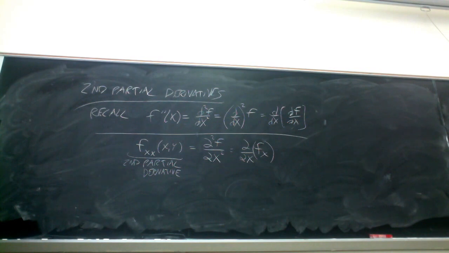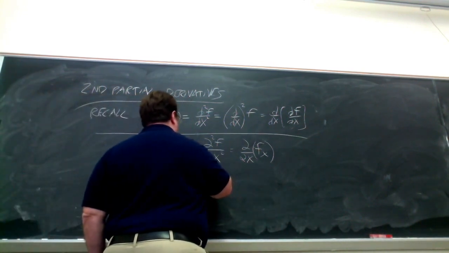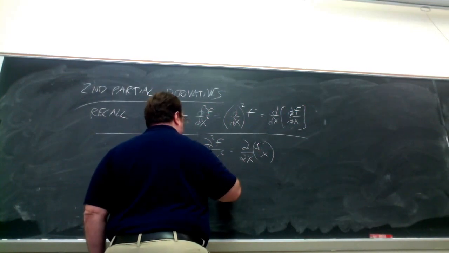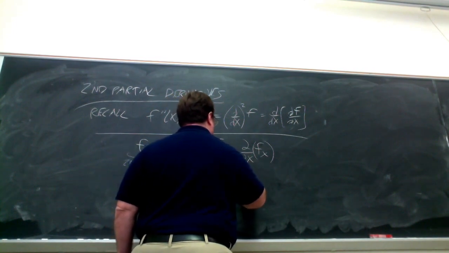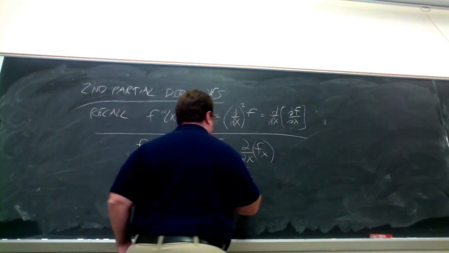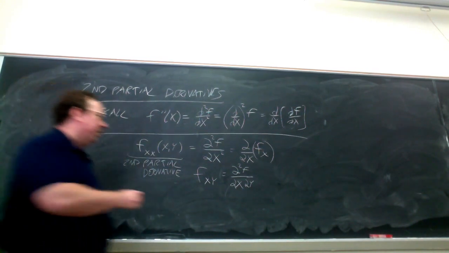But now, with more than one independent variable, you have multiple combinations. So we have f xy. We're differentiating, you can think of it as, first with respect to y and then with respect to x.